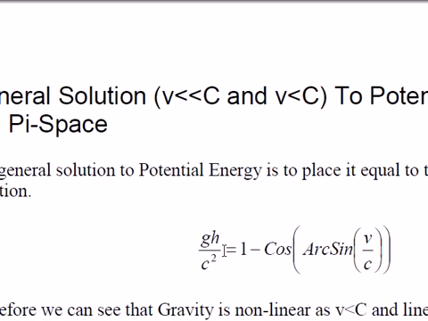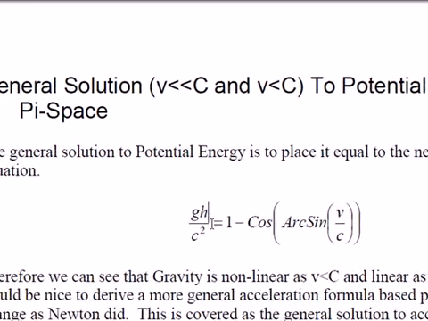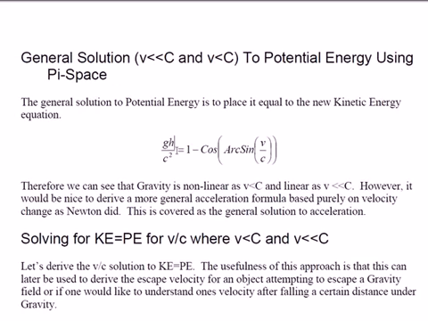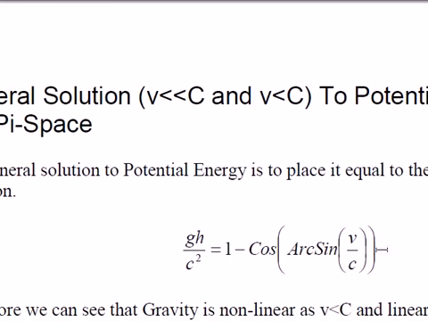G times h can be no greater than c squared. I've shown how you can also apply these formulas in the advanced PySpace formulas to black holes and calculating the distance one travels to achieve a certain velocity and so on. So these are well tested formulas in the advanced PySpace formulas PDF, if you're not familiar with them.